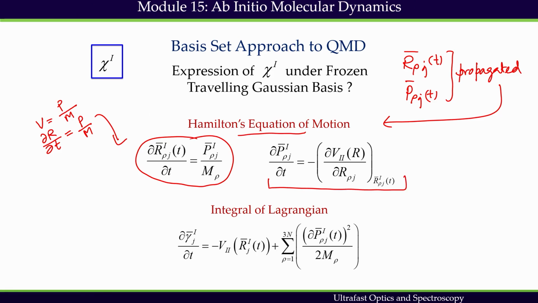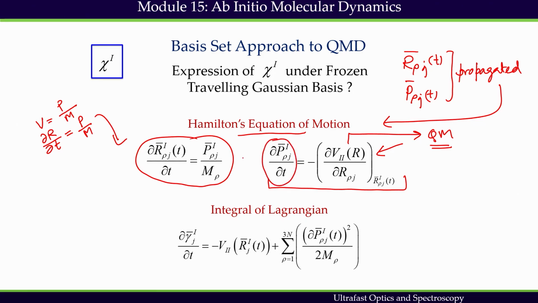Propagation of the momentum will depend on the gradient of the potential, and the potential is coming from electronic structure theory calculation. So this is your quantum mechanical calculation from where we get the potential, we update the potential, and then take the first derivative with respect to the position, and the negative of that derivative gives me the momentum propagator.